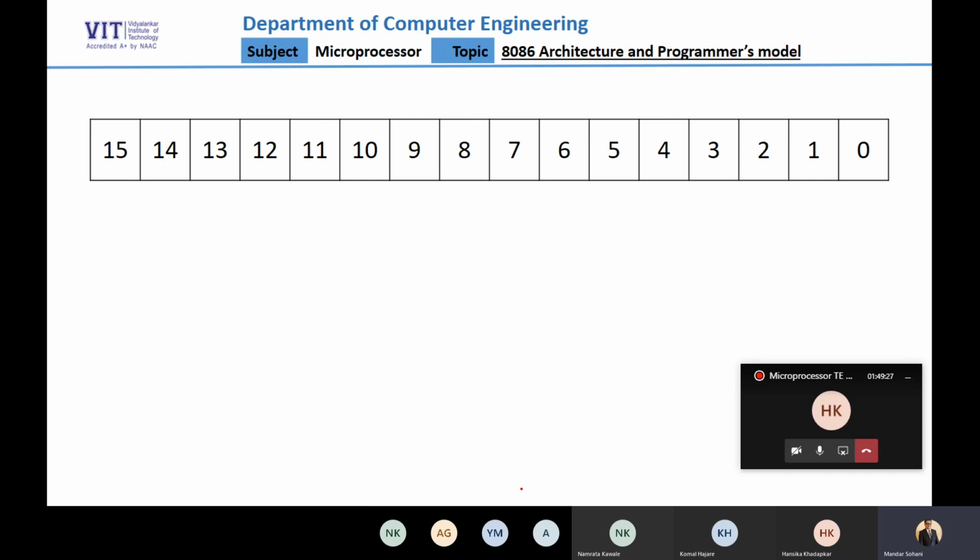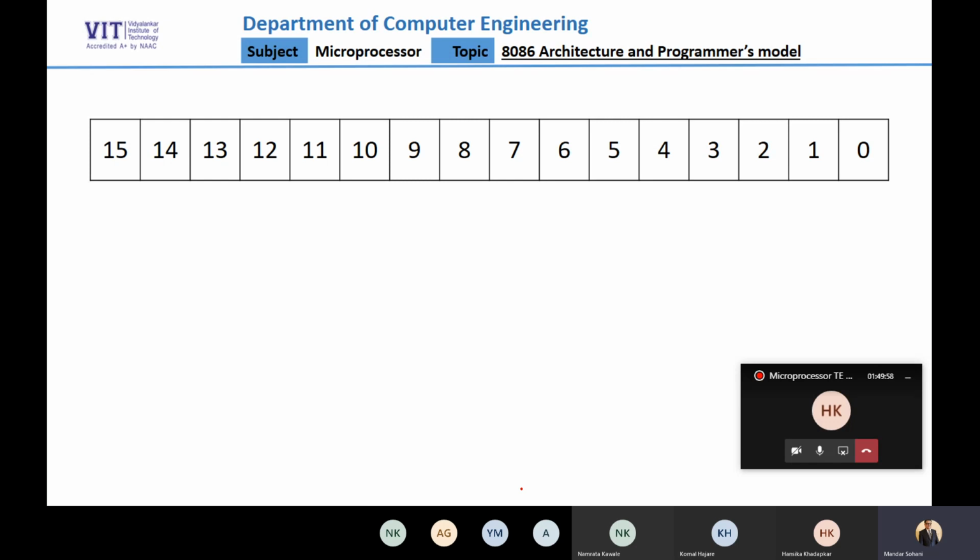So now we started answering one small question: draw and explain the flag register of 8086. This can be considered a small question or even a long answer question for 10 marks. It depends upon your luck whether they ask it for 6 marks or 10 marks. You cannot reduce the answer. You have to write everything, whether it is for 6 marks or 10 marks. If they ask for 10 marks, then you are lucky that for this simple question you are going to earn 10 marks in the examination, right?